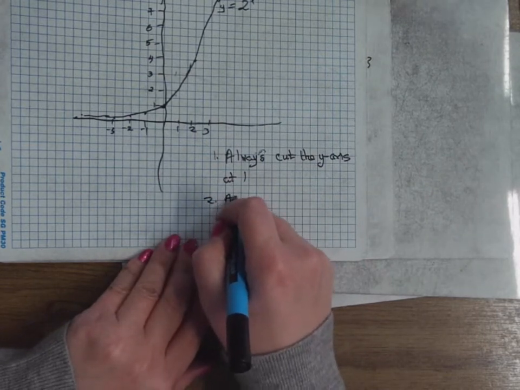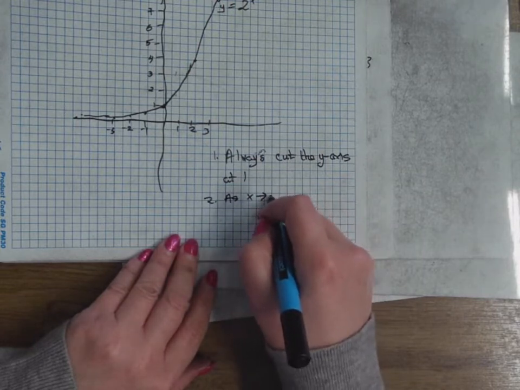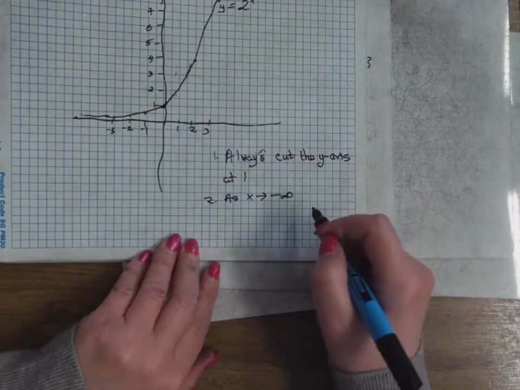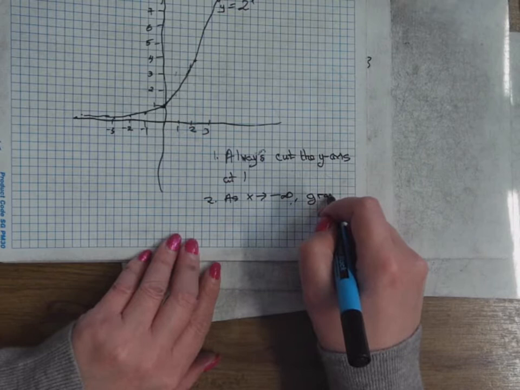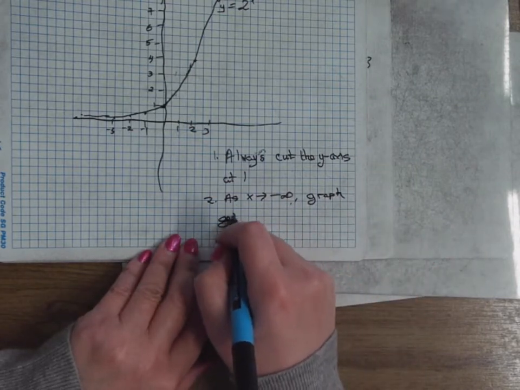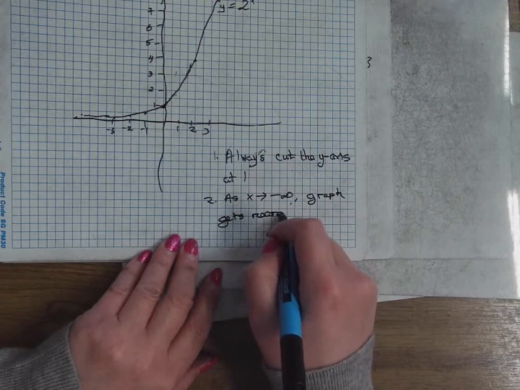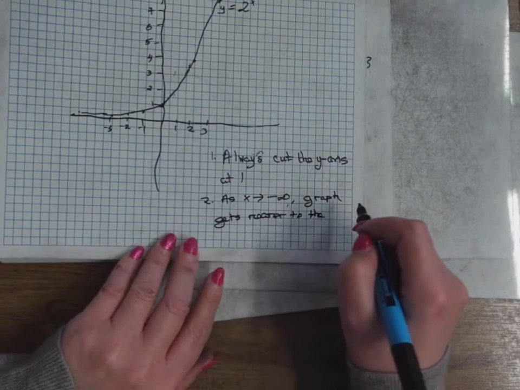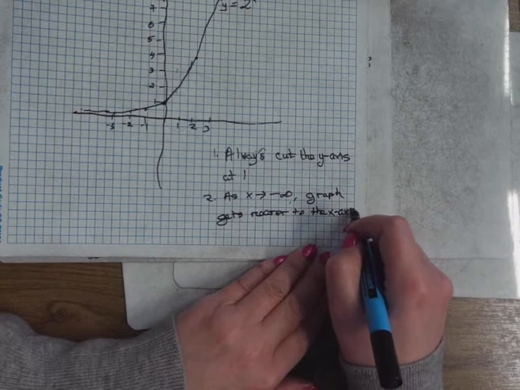As x tends towards minus infinity, as x gets bigger that way towards the minus numbers, the graph gets nearer to the x-axis, but never gets there.